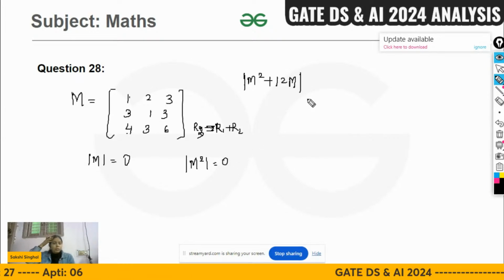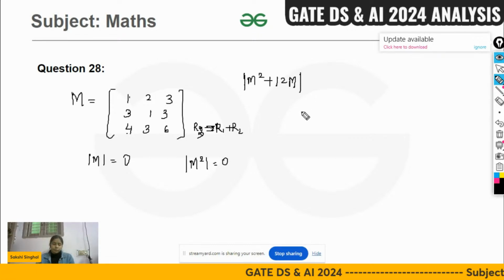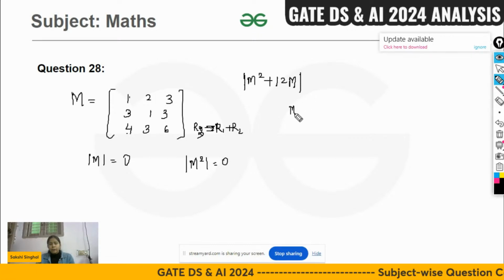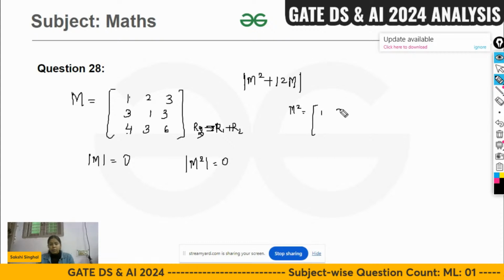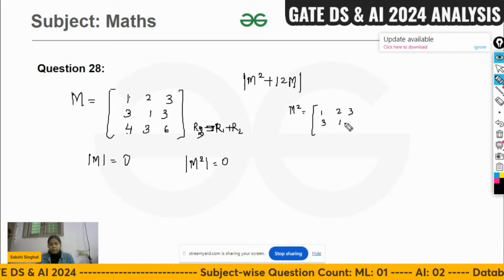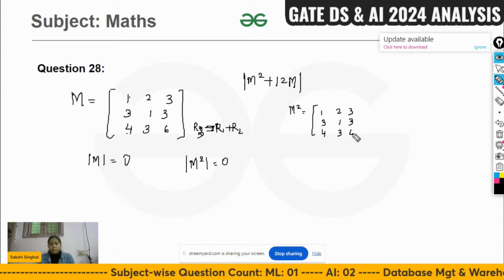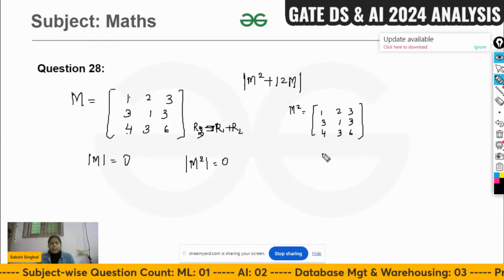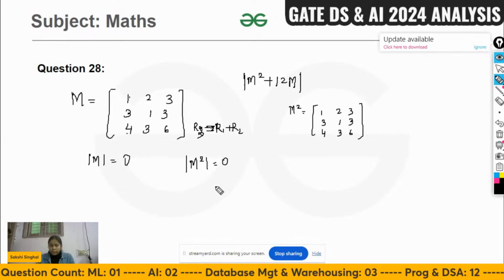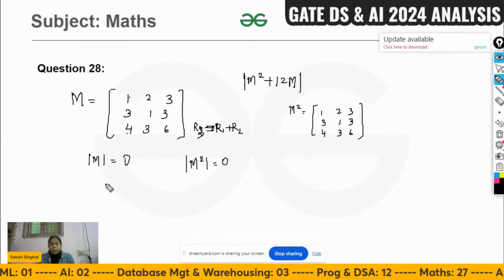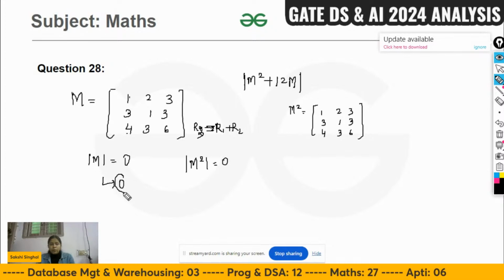So which option would be correct? Let's suppose I find M square. Instead of doing that, can I say that one of the eigenvalues for this matrix would always be 0?